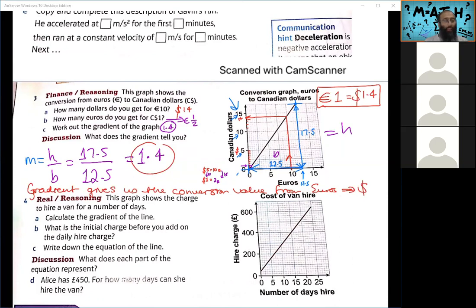So if you go to 10 along the euros, you get 14 on the Canadian dollars. So that 1.4 is your multiplier. It's like your scale factor, one way of thinking about it. But here it's actually the conversion factor, giving us how we convert from euros to dollars, and that's what it means. So that's what I'll explain to you in the exam.